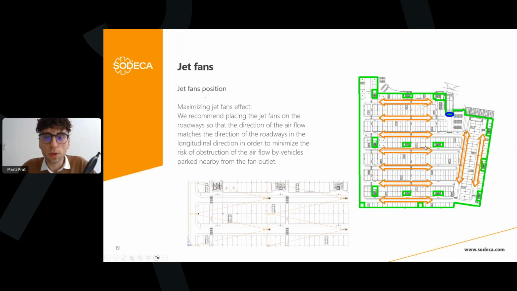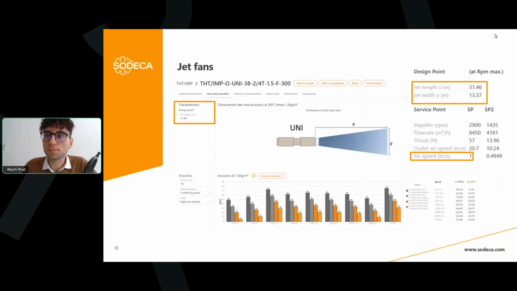So we have this data here. How we have calculated this is difficult to explain because there are formulas and it's not easy. It's a mathematical question. But basically, we have the jet fan, in this case, pushing air from the outlet at 20.7 meters per second.